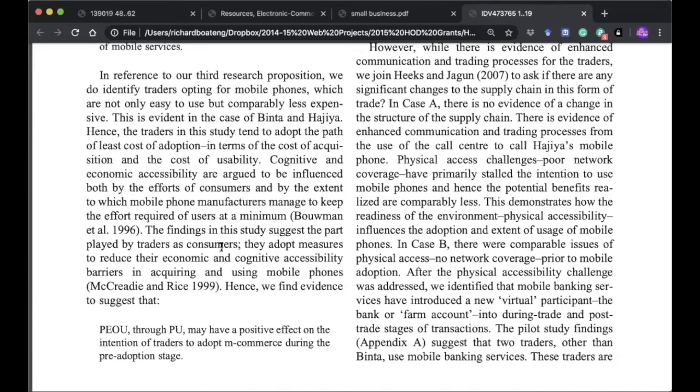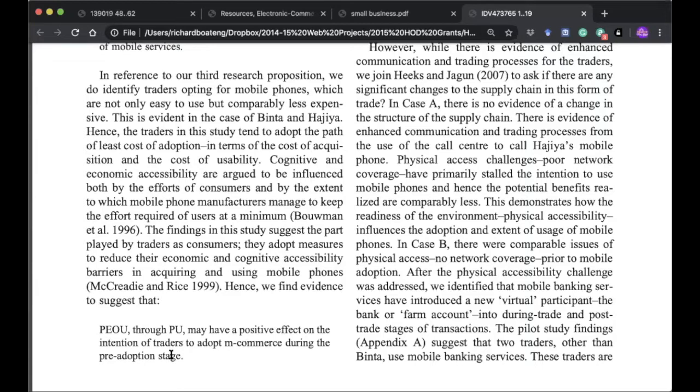They adopt measures to reduce their economic and cognitive accessibility barriers in acquiring and using mobile phones. Hence, we find evidence to suggest that perceived ease of use, through perceived usefulness, may have a positive effect on the intention of traders to adopt mobile commerce during the pre-adoption stage.